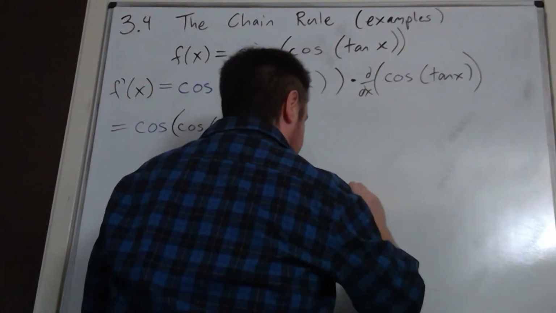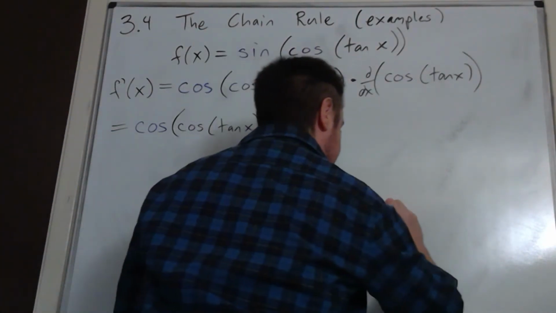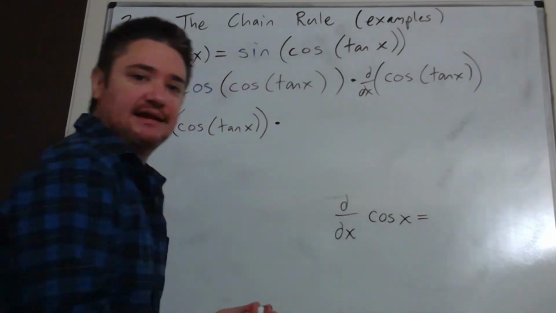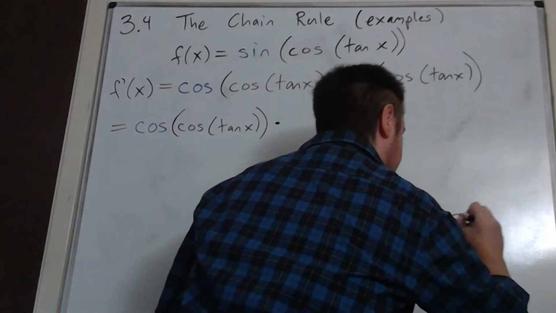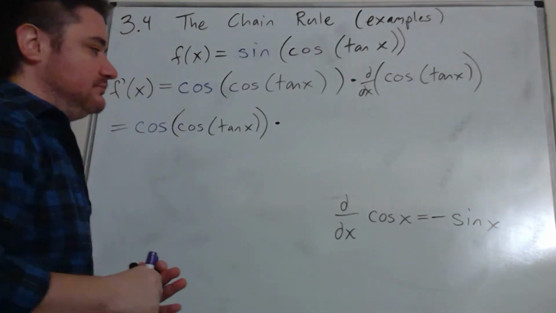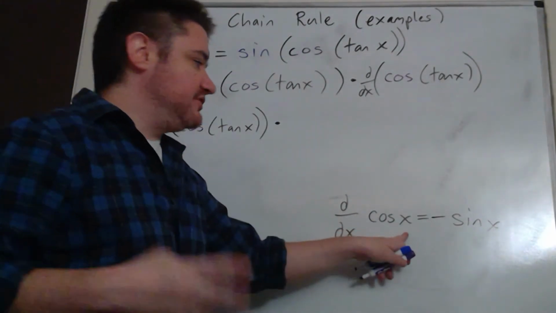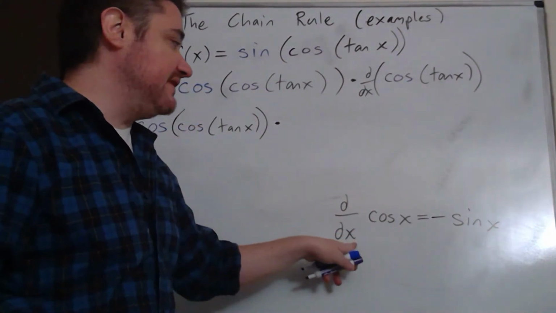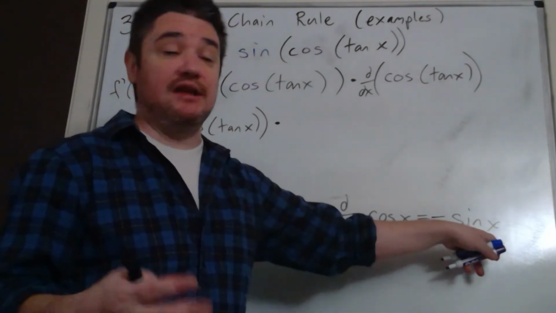So now inside, I'm thinking the derivative with respect to x of cosine of x. We covered that in class. We discussed it. We said it's negative sine of x. Okay. So if I have cosine of just a simple variable x, then its derivative is the minus sine of x.